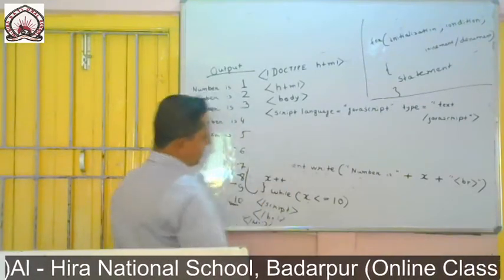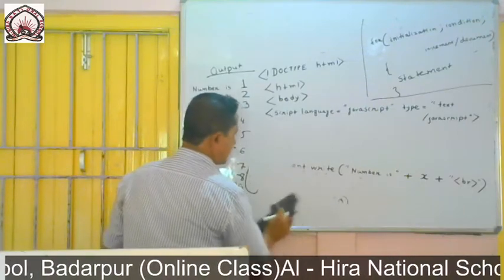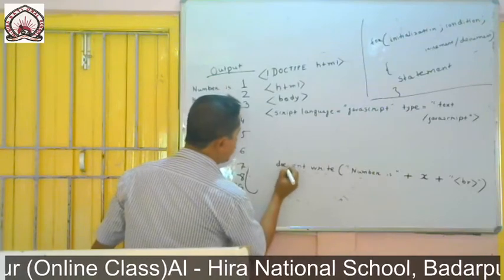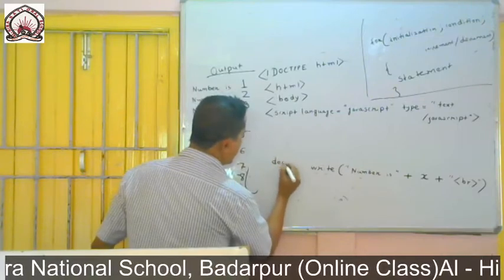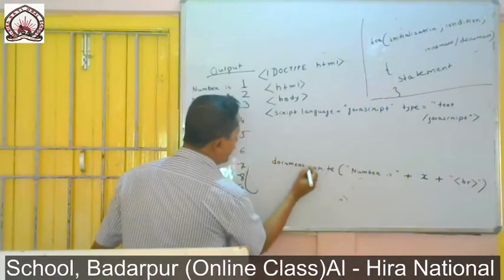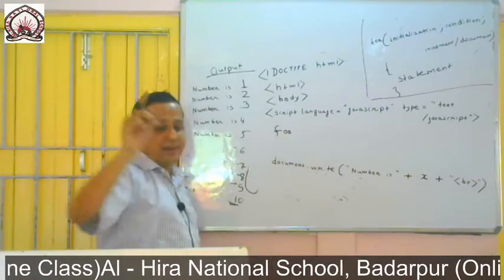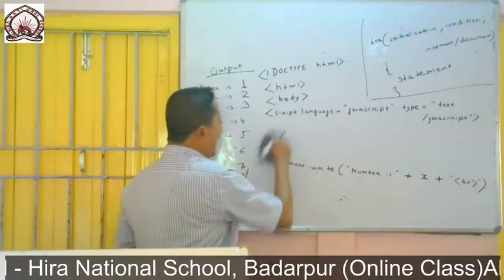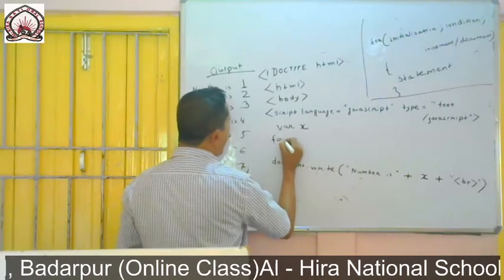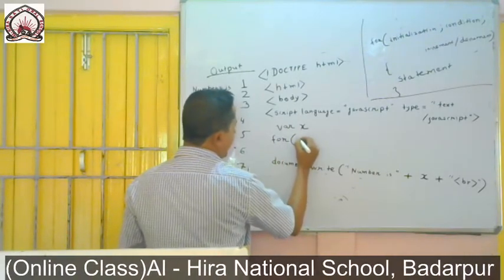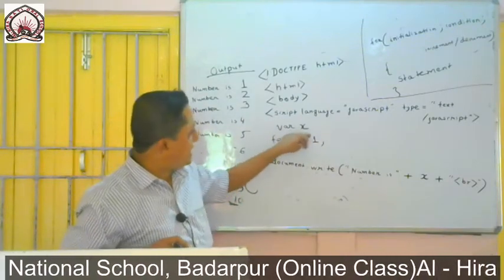See here, in the case of the for loop, it was just erased. Let me write it, document.write. See here, I do not need to initialize separately. I can initialize it earlier also, or I can do it like this. Earlier it was var x is equal to 1.